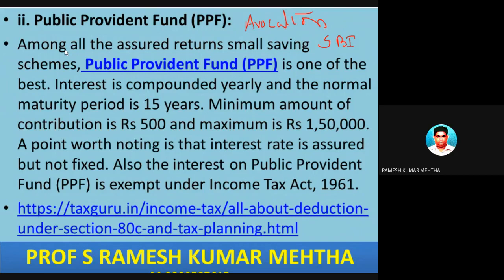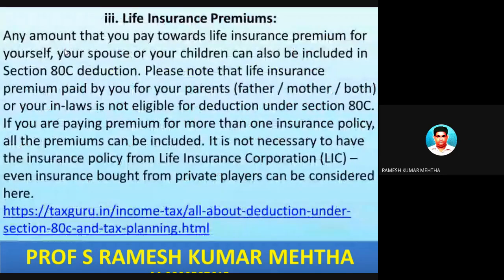This is number two. The next one is very, very important, which is life insurance premium, paid on a life insurance policy of the assessee, a spouse, or as specified by the income tax rules. So this is another avenue for investment under section 80C.